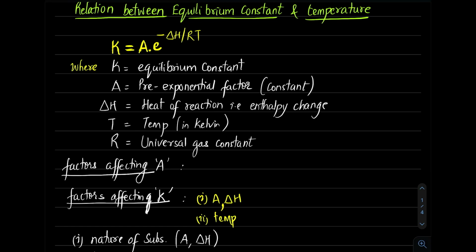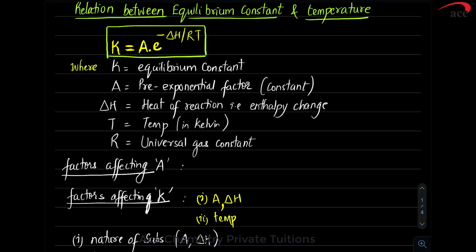So, we will be learning a relation between equilibrium constant and temperature. This formula is available, but we do not have the derivation, where K stands for equilibrium constant, A stands for pre-exponential factor, or you can say constant, which depends on the nature of substance.